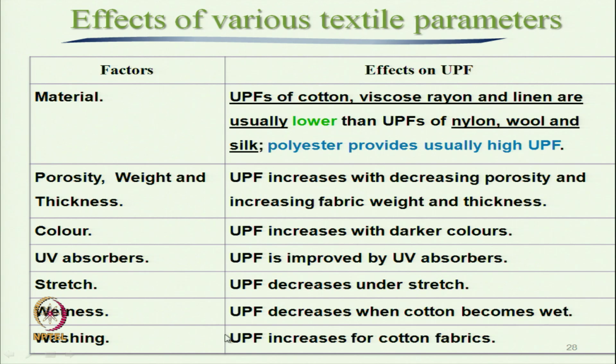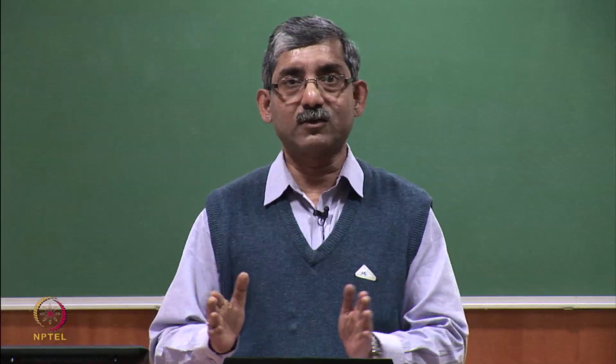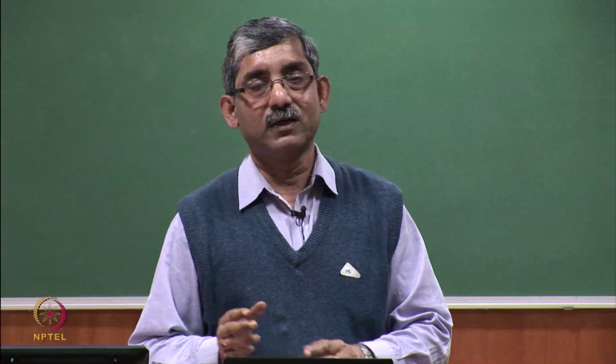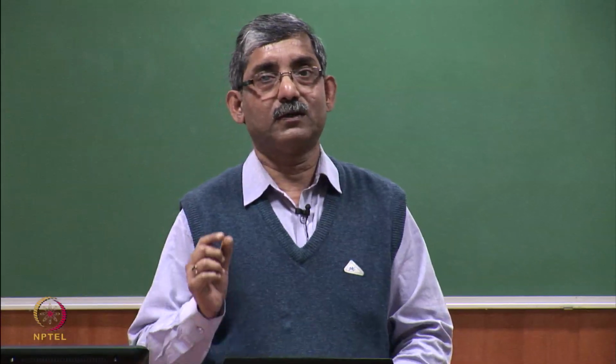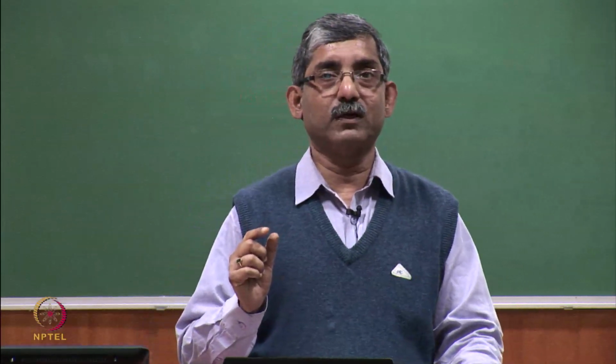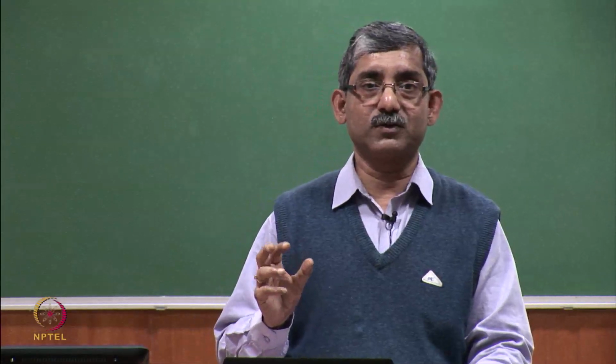With wetness, UPF decreases when cotton becomes wet. Through wet cloth ultraviolet ray can pass through easily. Washing increases the UPF. During laundering, shrinkage occurs in the fabric, so the effective pores between the yarns reduce due to shrinkage.